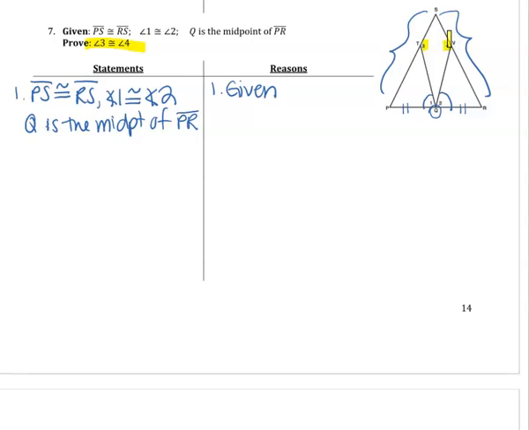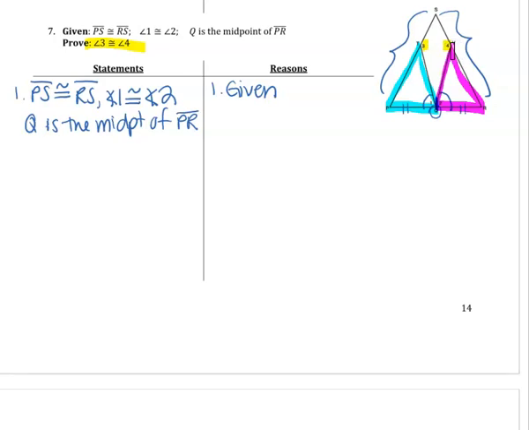Okay, so right off the bat, looking at this picture, my thought process is probably about getting triangles congruent. If I can get some triangles congruent, that would give me some more information about who else is congruent, meaning corresponding sides and angles, and how that could help me. So kind of looking at my picture, I'm thinking to myself, can I get this triangle congruent to this triangle?